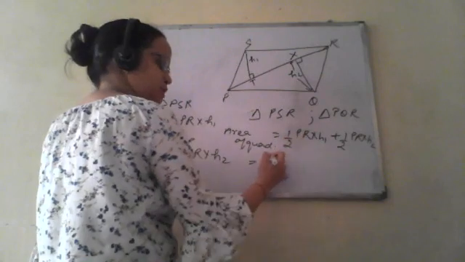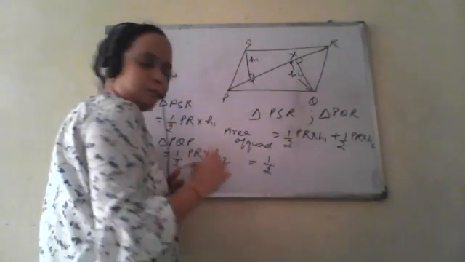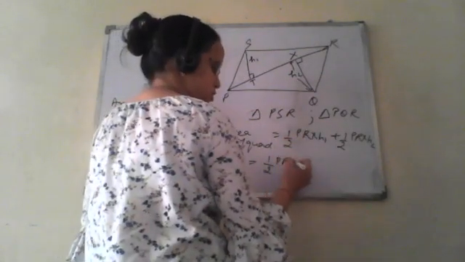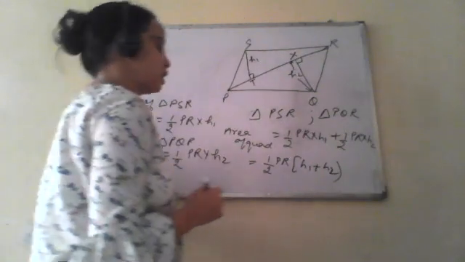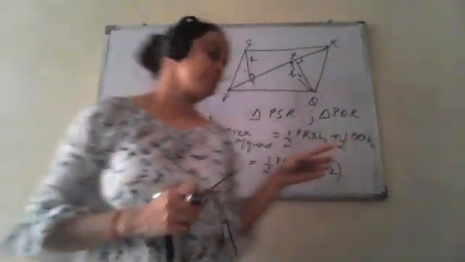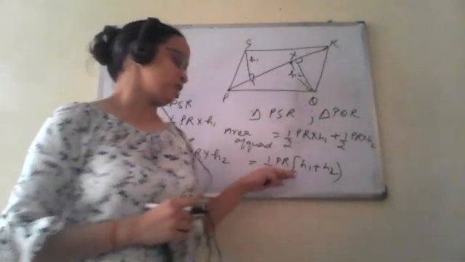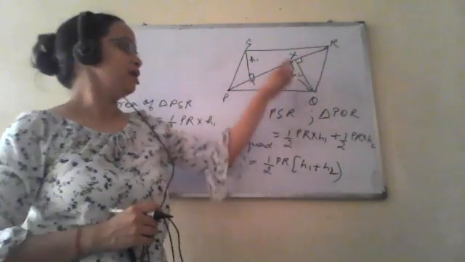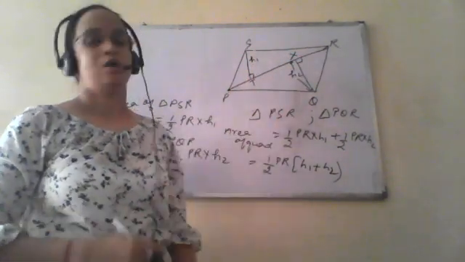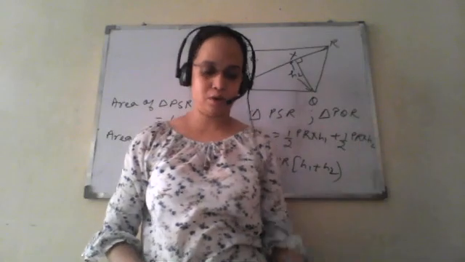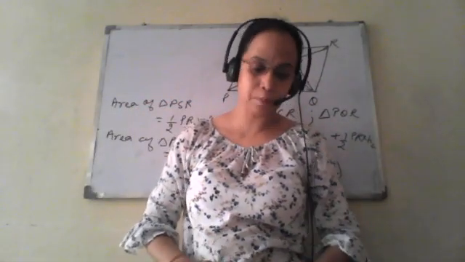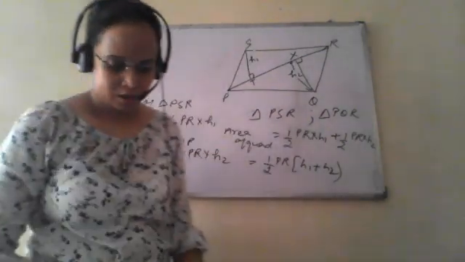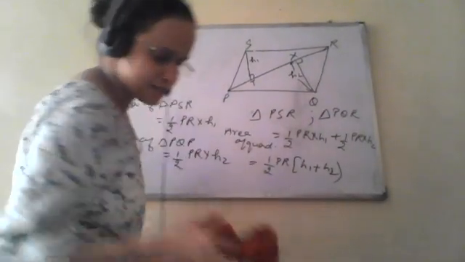Half into PR is common, so it is half PR into (H1 plus H2). So the generalized formula for the area of a quadrilateral is half of the product of the diagonal and the sum of these two altitudes. This way we are going to calculate the area of a generalized quadrilateral.